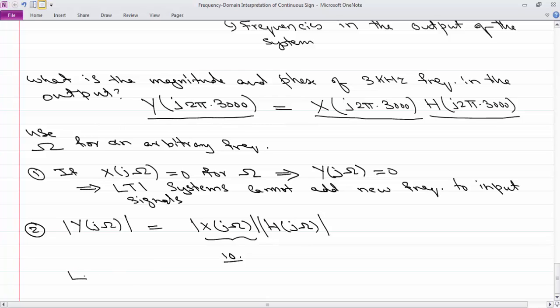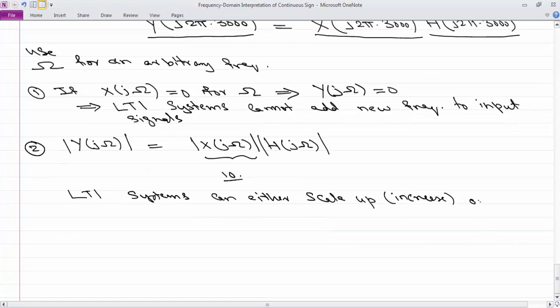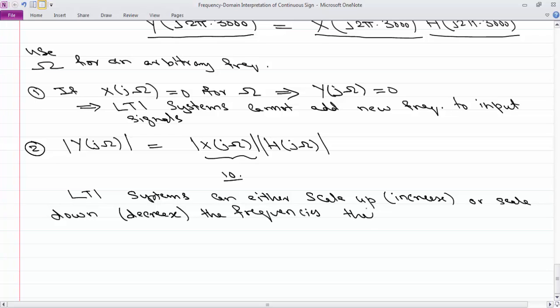So LTI systems can either scale up, increase, or scale down, decrease, the frequencies that are present in an input signal.